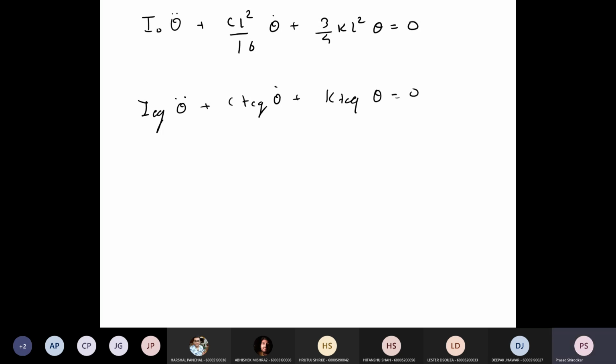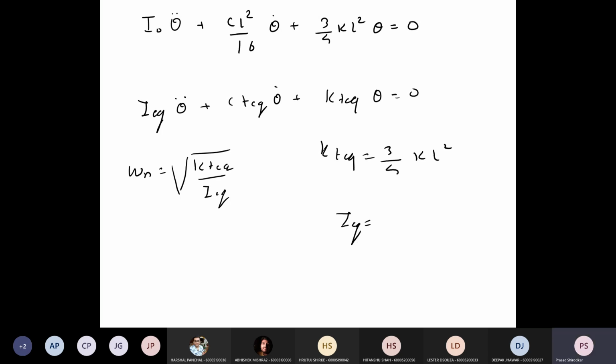theta is equal to 0. Alright, so omega n is square root of K torsional equivalent by I equivalent. Now K torsional equivalent is equal to 3 by 4 KL square. I equivalent will be I0, I self, that is ML square by 12 plus the parallel axis, that is m into L by 4 whole square, that is ML square by 16.